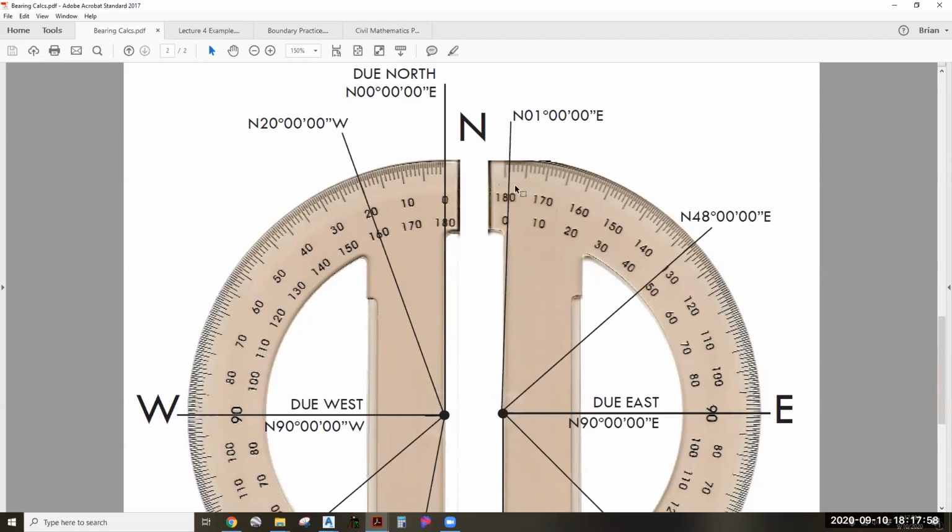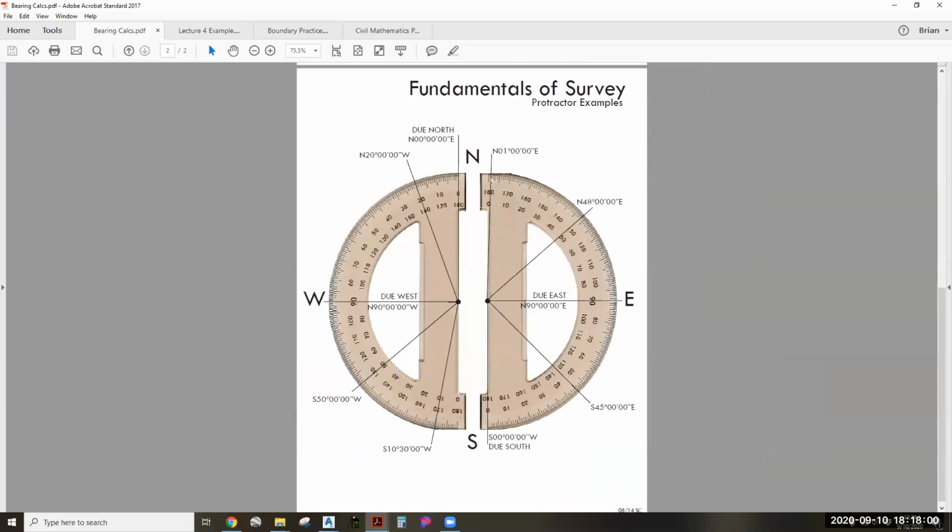Bearings always start with either a north or a south letter, and they always end in either a west or an east letter.